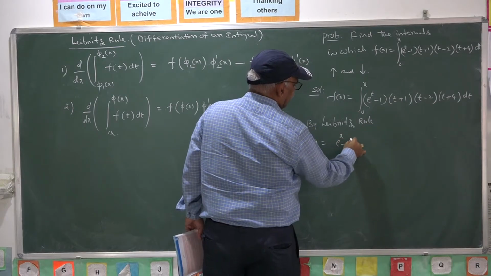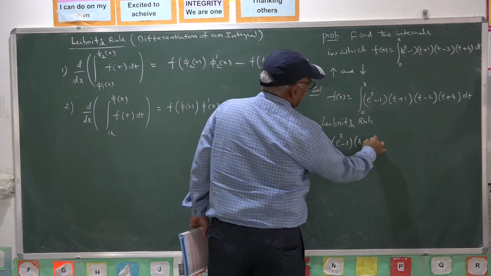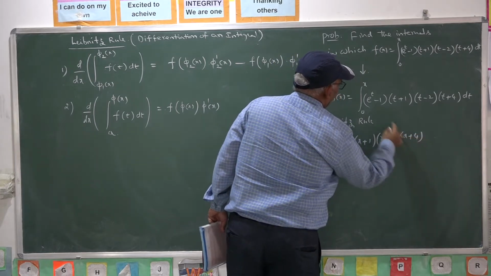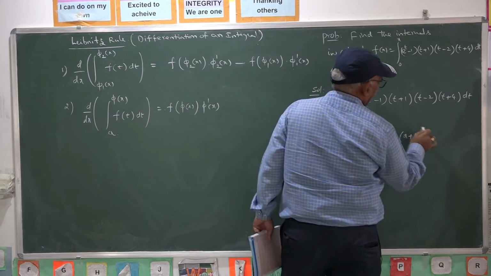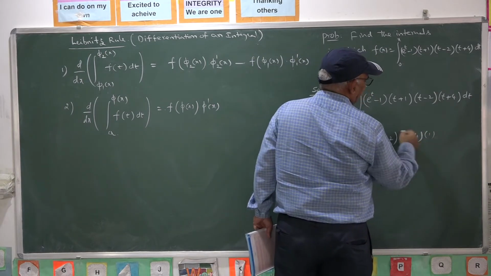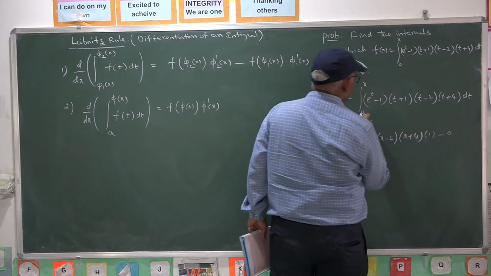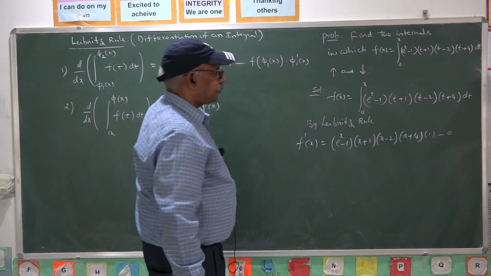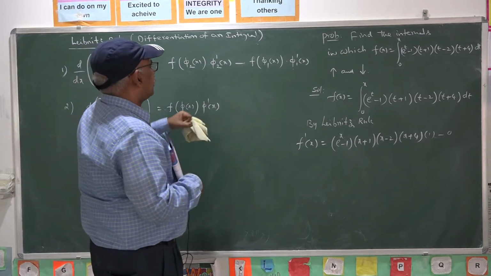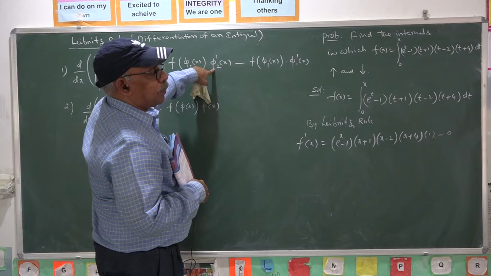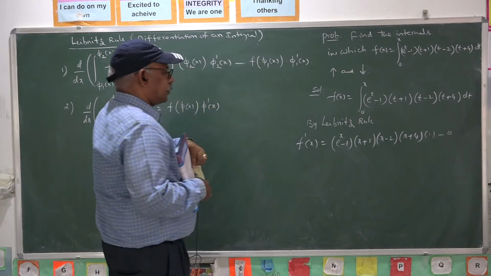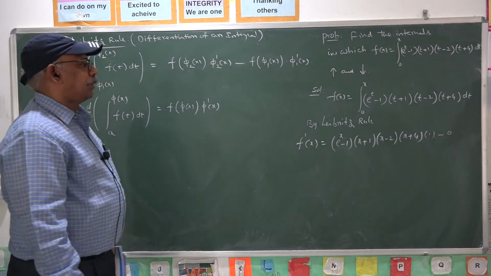We get e power x minus 1 into x plus 1 into x minus 2 into x plus 4, and the derivative of x with respect to x, which is 1 itself, minus 0, because the derivative of the lower limit is 0. So this is our function f dash x.